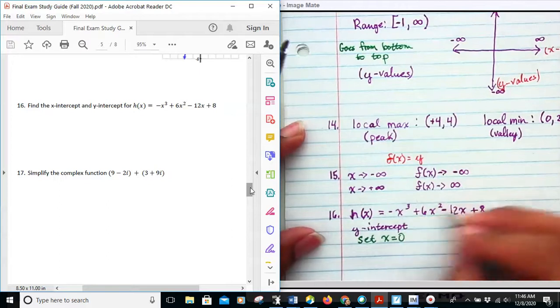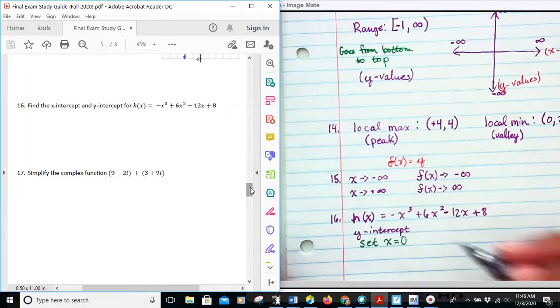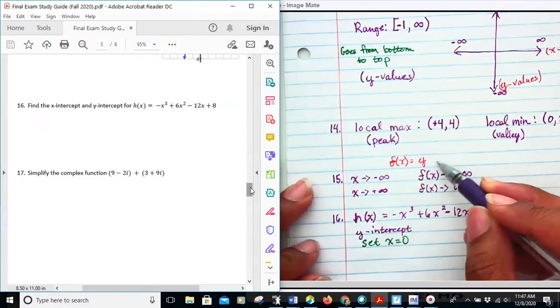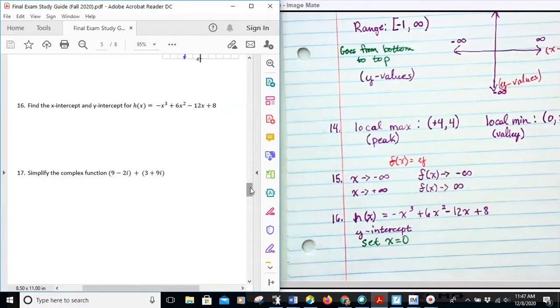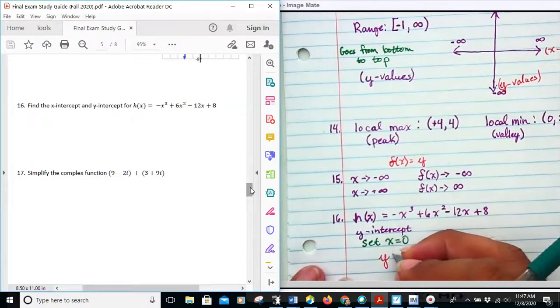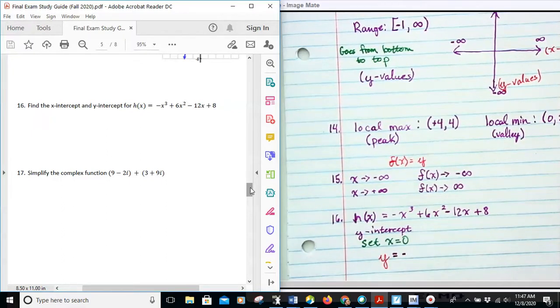So here we're going to set x equal to 0, but also I'm going to change the f of x over to y. Just like we said right here, it means the same thing. I'm going to change that h of x to y. And then every x that we see, we're going to change it to 0.